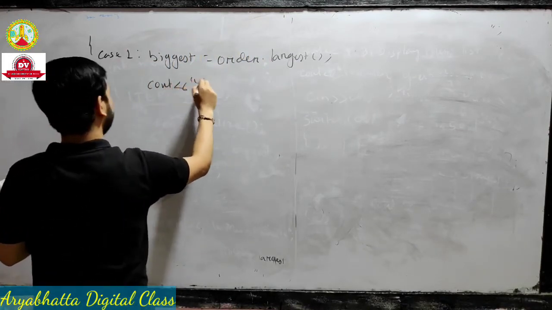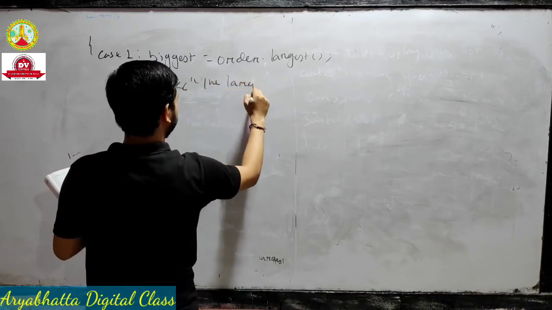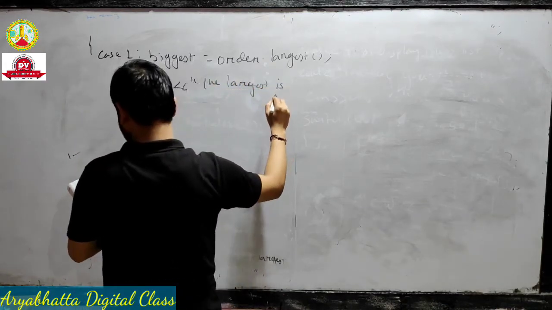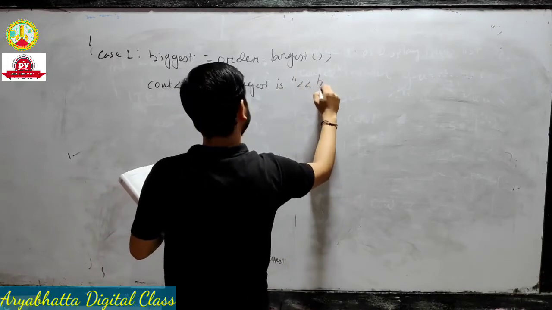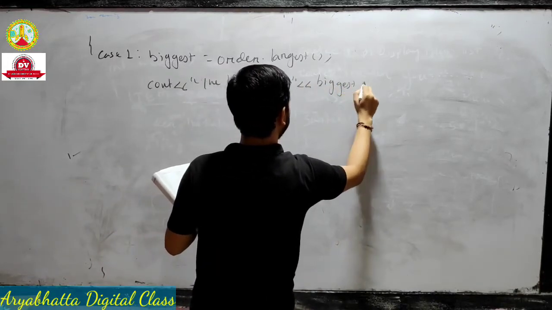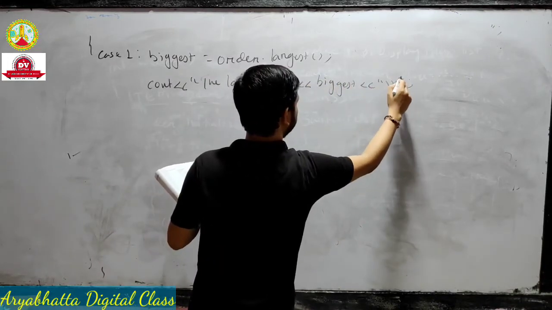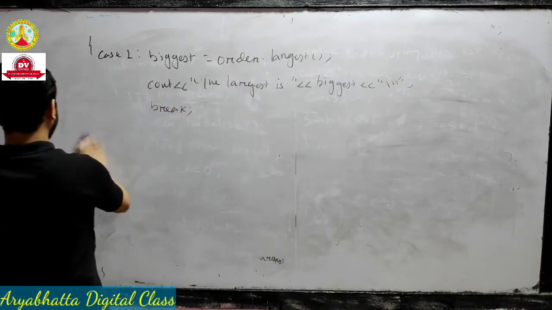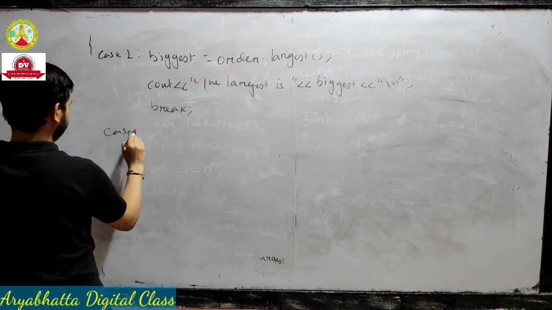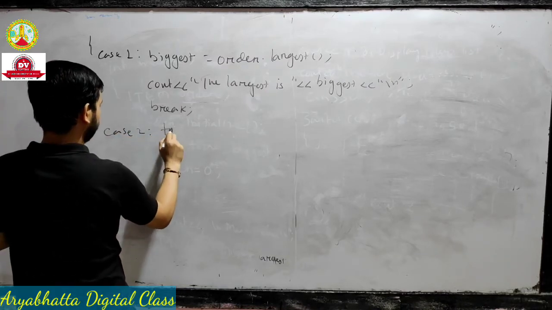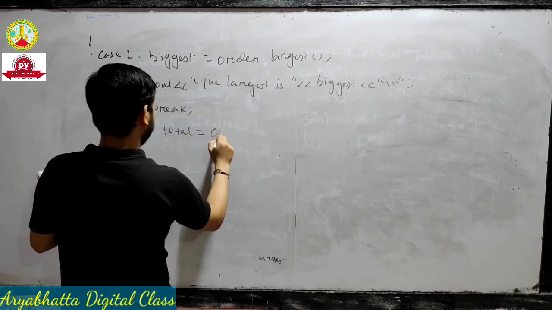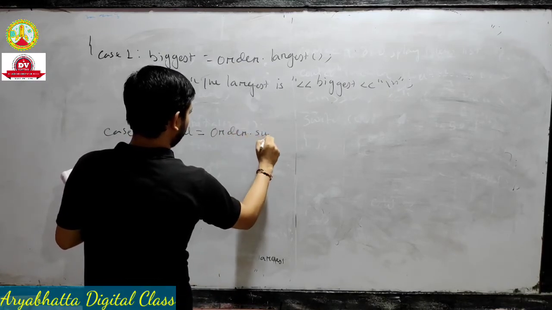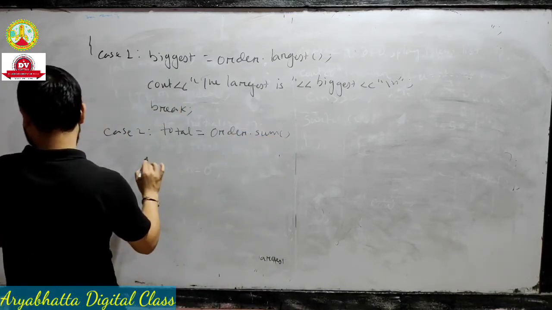Cout the largest is, like that. In case 2, total is equal to order sum.